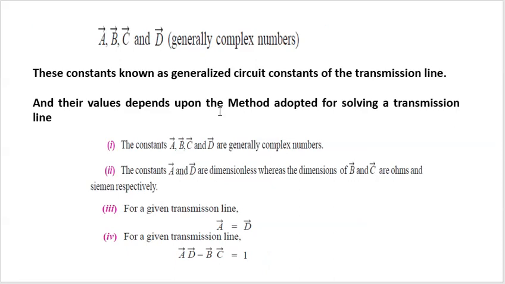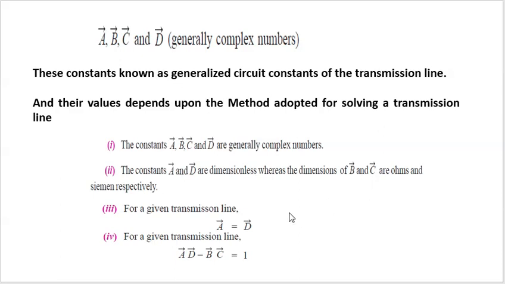These important points are: number 1, the constants A, B, C and D are generally complex numbers. The constants A and D are dimensionless, where the dimensions of B and C are ohms and siemens respectively.